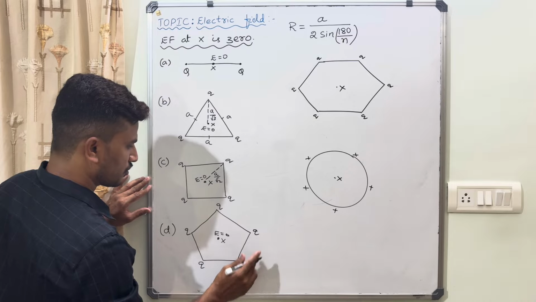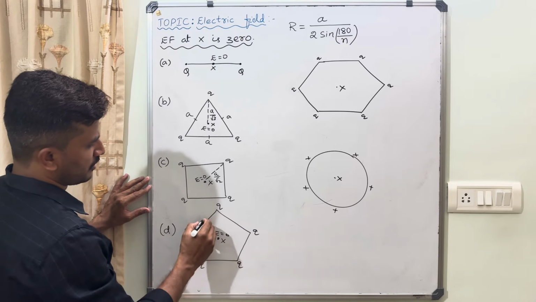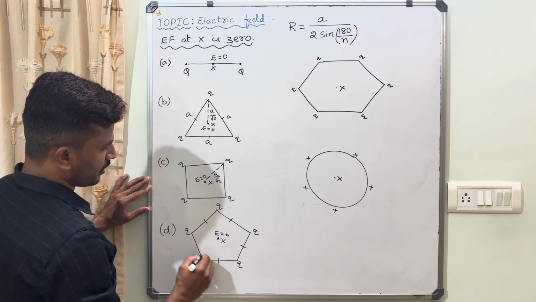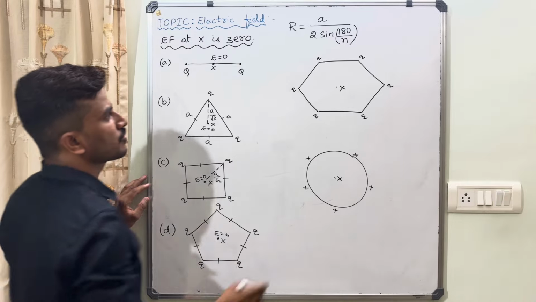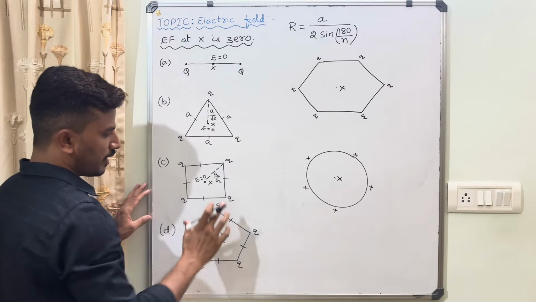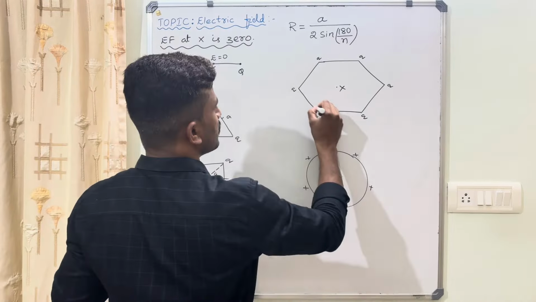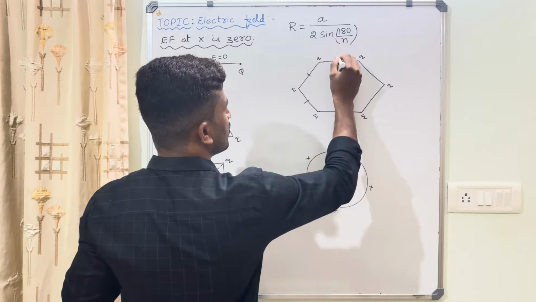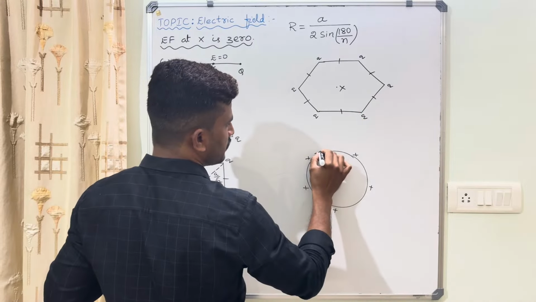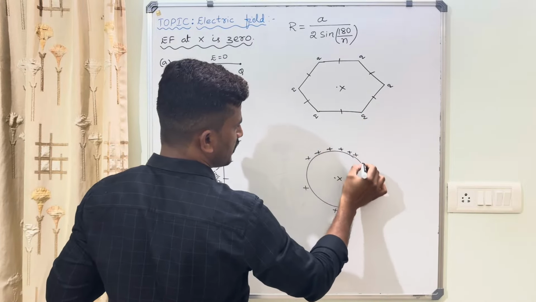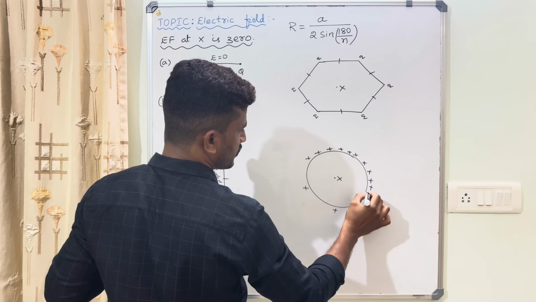So there is a charge on the vertices of a polygon, a regular polygon. Okay, so here also we have a square, here we have a pentagon, here we have a hexagon, you can consider heptagon. Okay, so here we have uniform charge distribution on a ring, uniformly charged ring also.